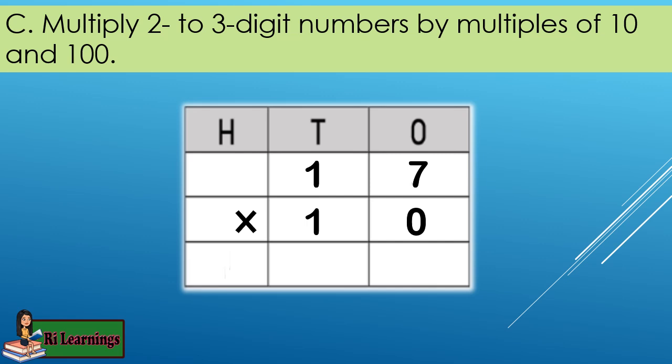Step 1. Take the number in multiples of 10 as the multiplier. Step 2. Multiply only the non-zero digit of the multiplier to the multiplicand. 7 times 1 equals 7. 1 times 1 equals 1. Step 3. Add the number of zeros of the multiplier to the partial product in step 2. We have 1 zero. The final product is 170.